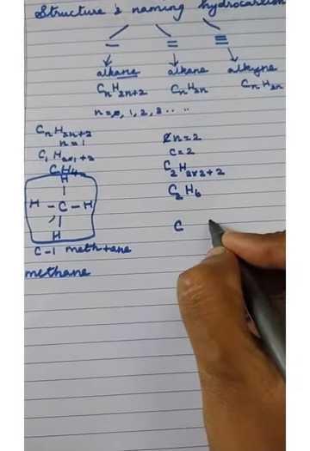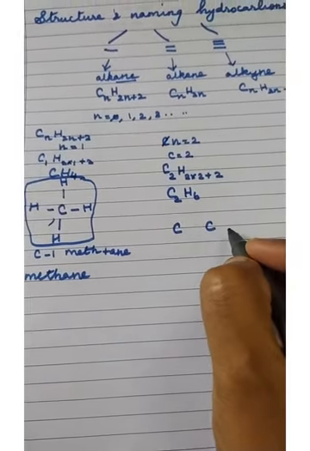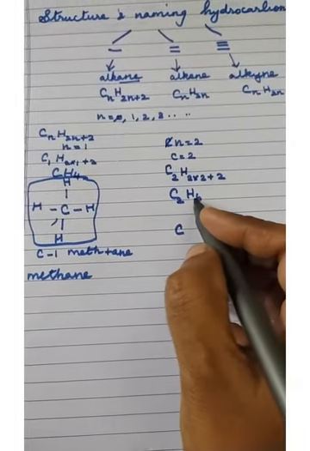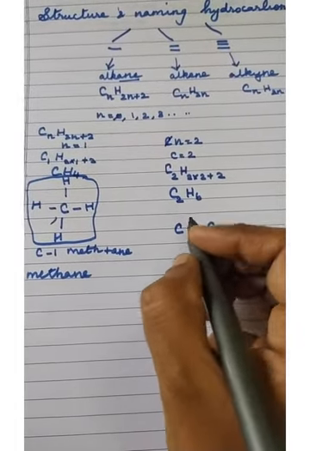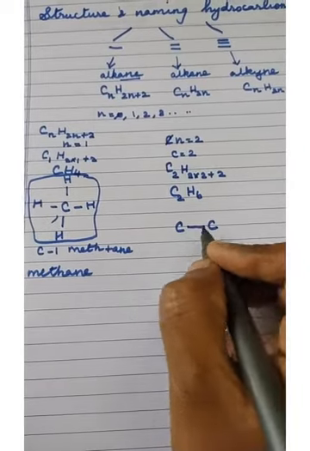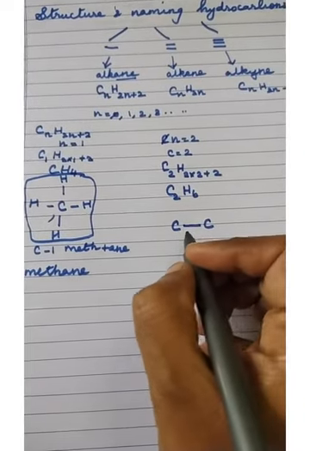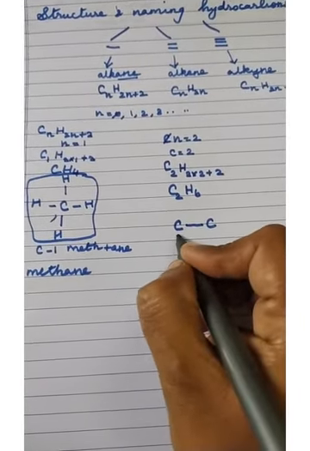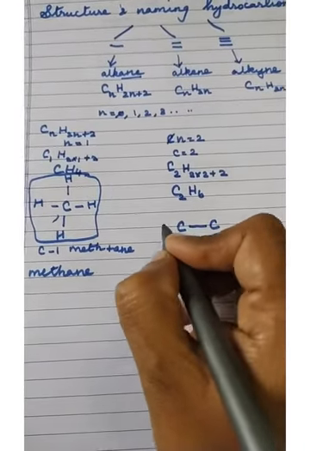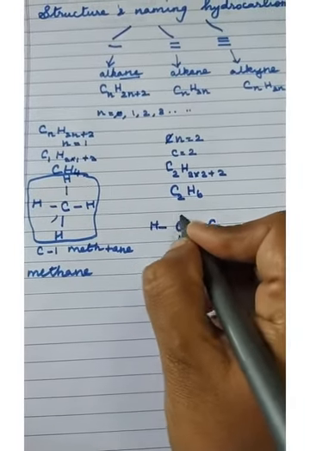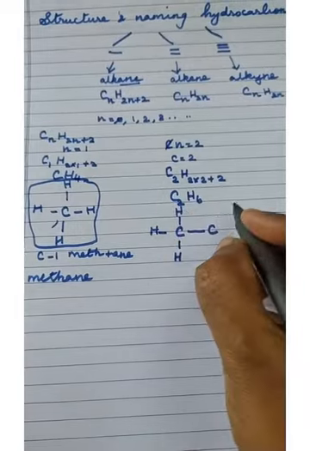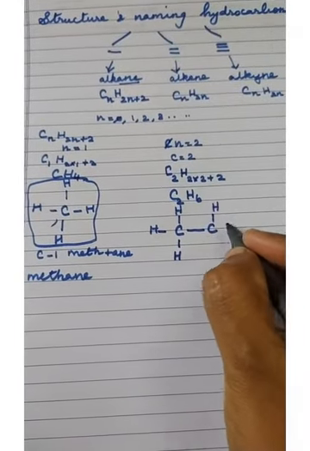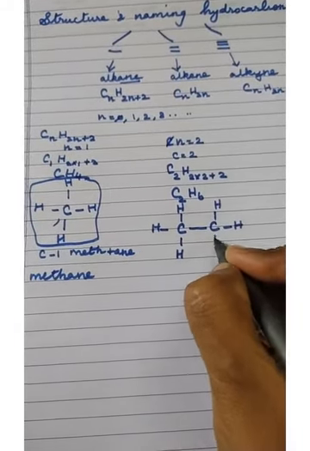Now let us write the structure for this. One carbon, here we write the second carbon. How many hydrogens do we have? 6. In between we put a bond like this, because there is a bond between one carbon and another. Now let us write one hydrogen, second, third, fourth, fifth, sixth.